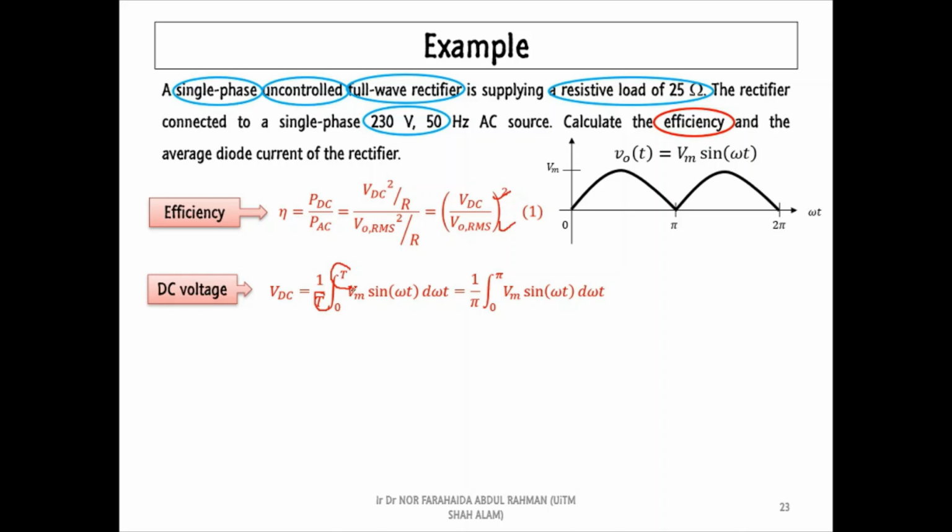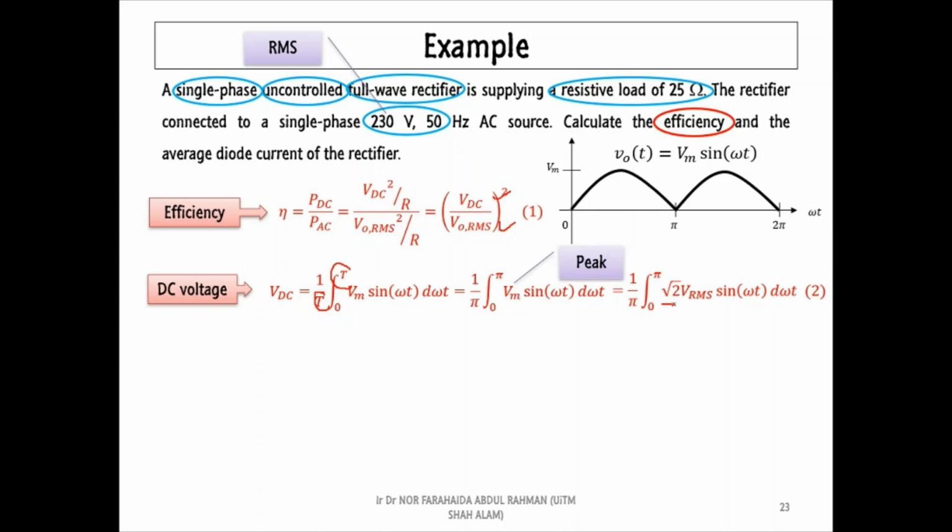Next, we need to find the peak voltage value. However, the voltage value given in the statement is an RMS value. Therefore, we need to multiply the RMS voltage by root 2 to convert it to peak voltage.